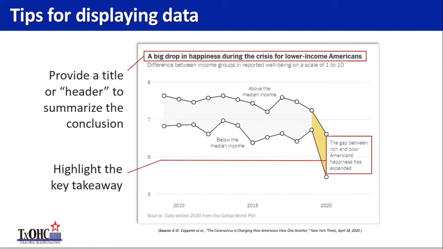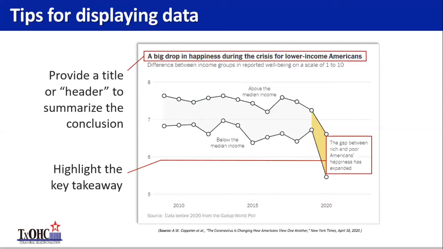It's also important to have a subhead or a key takeaway, it's this, right? The gap between rich and poor Americans' happiness has expanded, right? So having that language to the right, and shading that last part of the scatter plots, I think was a really good way of bringing attention to that.